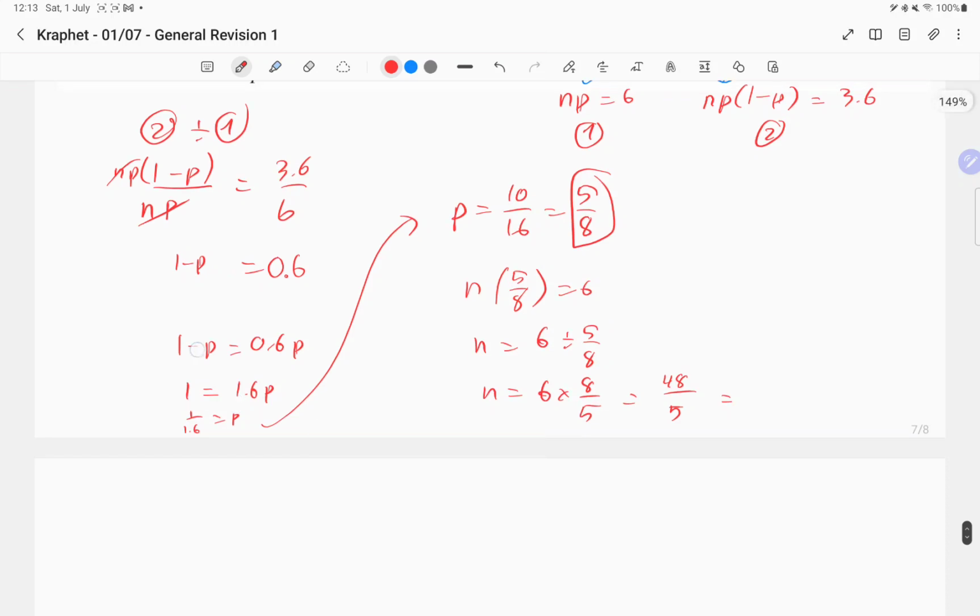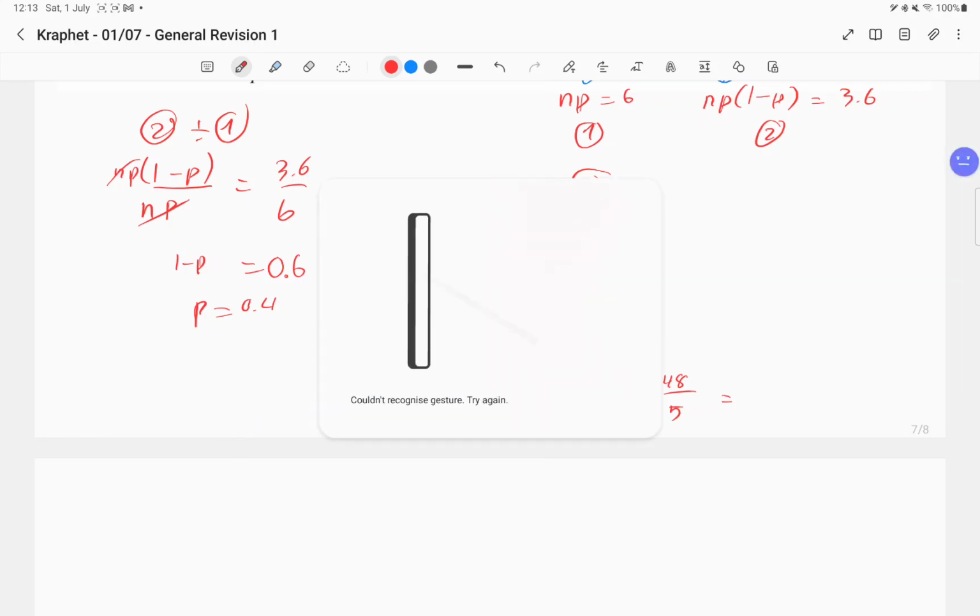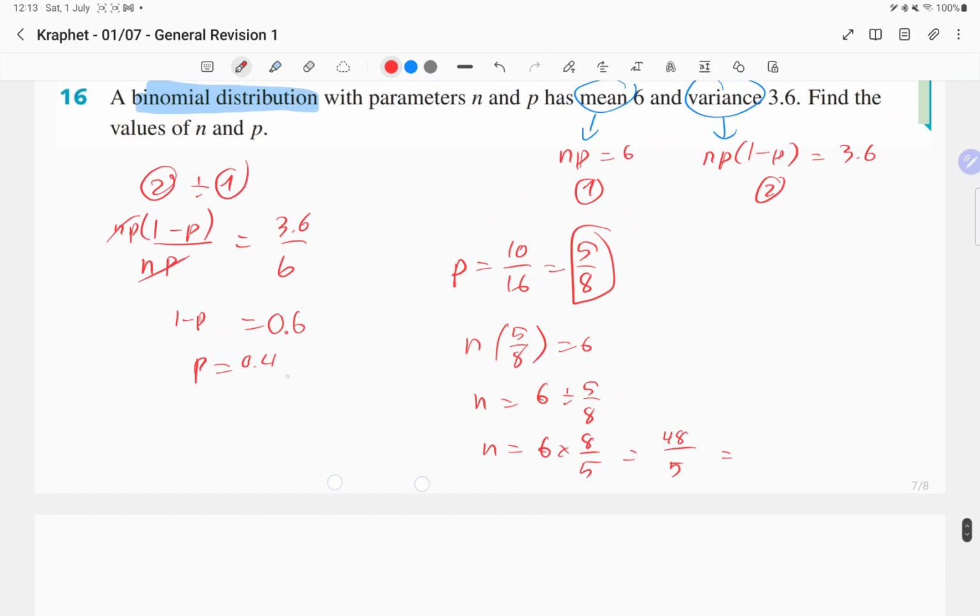So move that over. So p would just be 0.4. That looks a bit better. Yeah, that's right. Doing too many questions, I'm slowly losing my mind here. So 0.4, that will be 4 over 10, which is 2 over 5. Then n times p equals 6, so n times 2 over 5 equals 6.